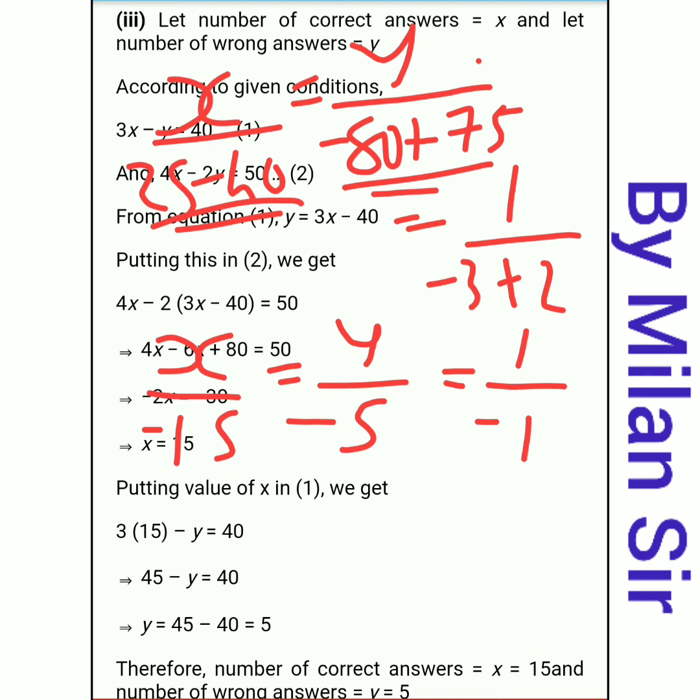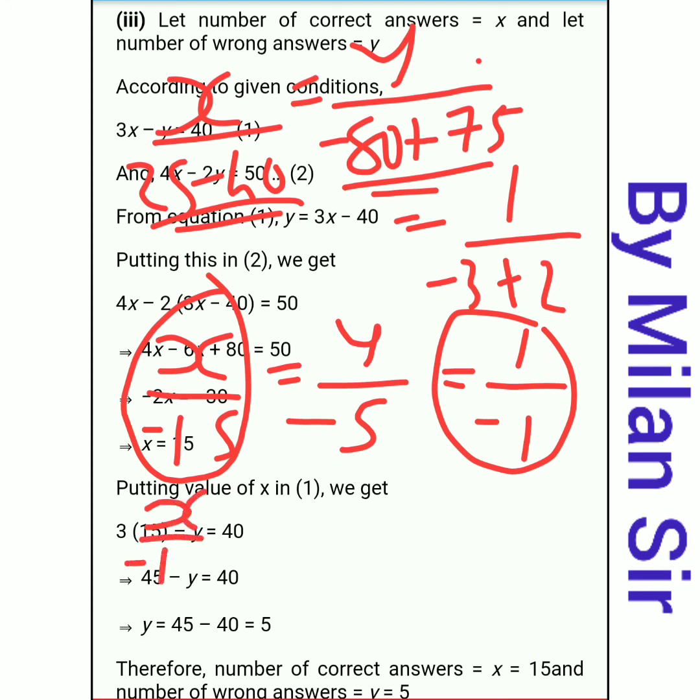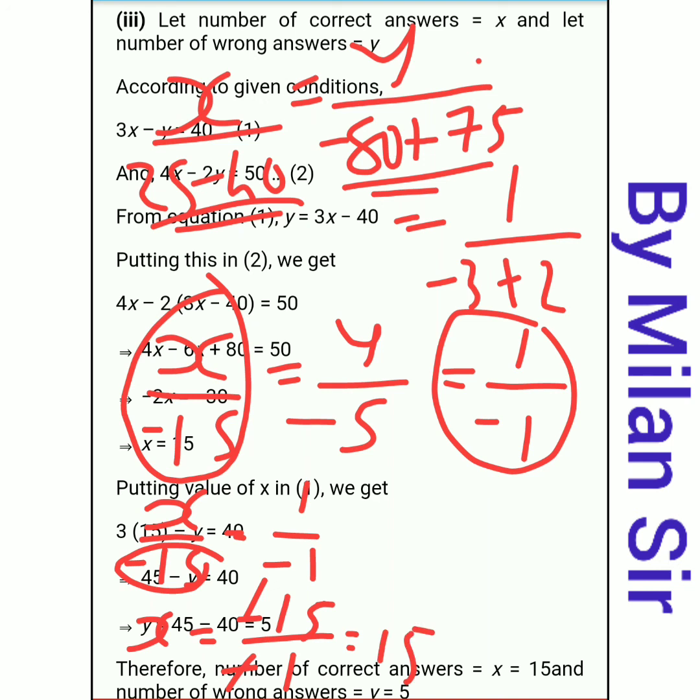Okay. So now we need to compare first with third. So x upon minus 15 is equals to 1 upon minus 1. Now transfer this minus 15 to the left hand side. So minus 15 ones are 15 upon minus 1. Minus minus cancel. 15 divided by 1 is 15. Okay. x is equals to 15. Then we need to compare the second and third term.